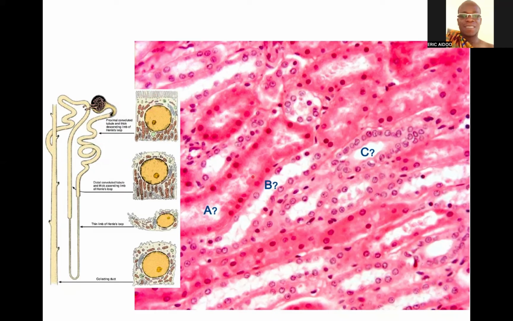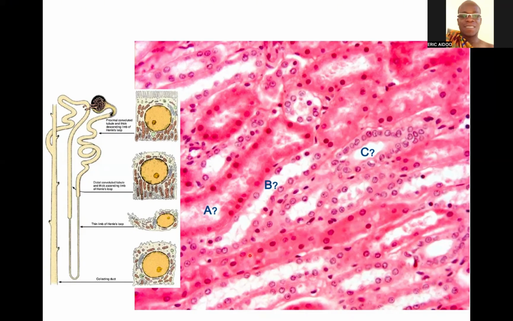Okay, so that is why you have that. That's a collecting duct. That is a distal convoluted tubule or distal tubule. That will also be another proximal tubule because of how it is stained.